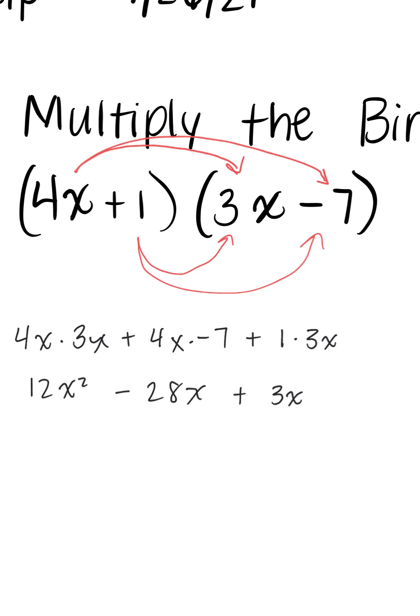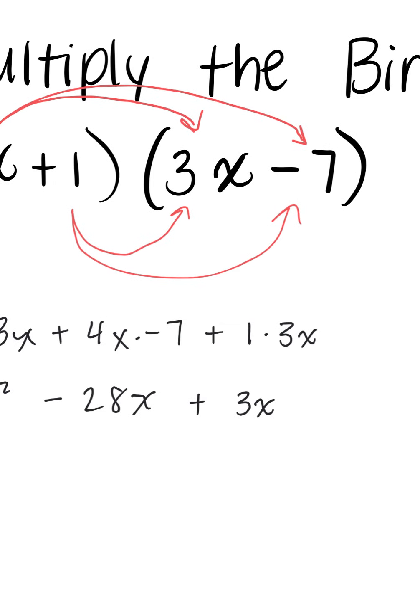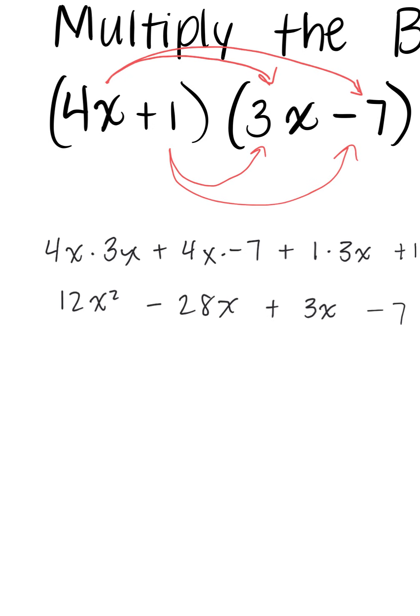Brioni, can you help me out? So how do we simplify? Nope, there's one more term. We're forgetting one term. We should have 4 in total. Anderson? Negative 7. It's going to be 1 times negative 7, which is negative 7.